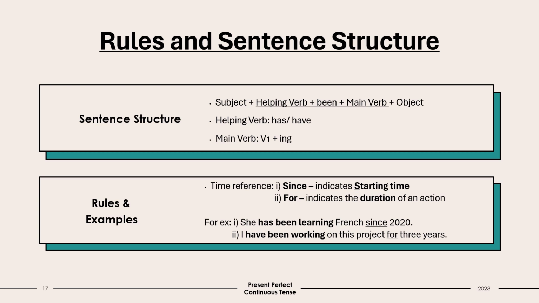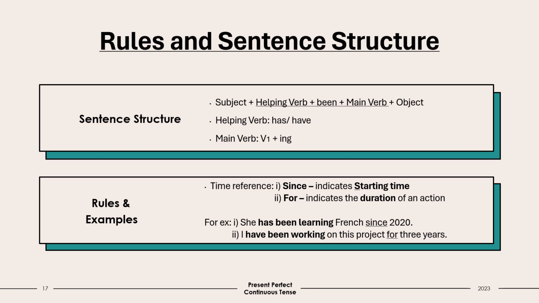If not, you can rewind the video a little bit and see that we have used the time reference. Like he has been living in the village since 1995 or since 2018. So this is the main hallmark of present perfect continuous tense, that we tell you the time frame कि वो काम कब से हो रहा है.